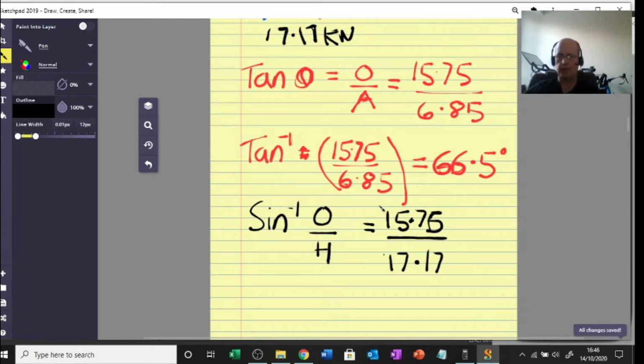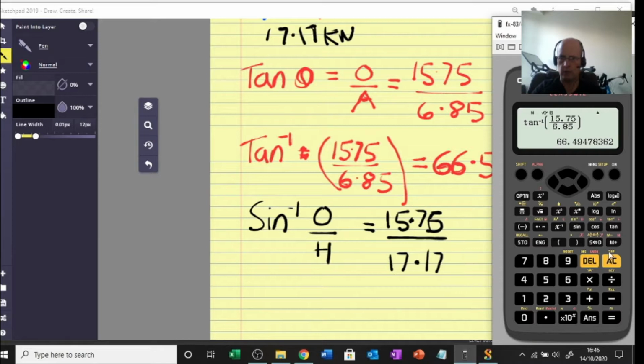Don't forget, this is kilonewtons, but they're just lengths. You could put the kilos in, but it just cancels out when you're doing this. So if we get 66.5 now, we know we're sort of right. Shift sine, 15.75 divided by 17.17.